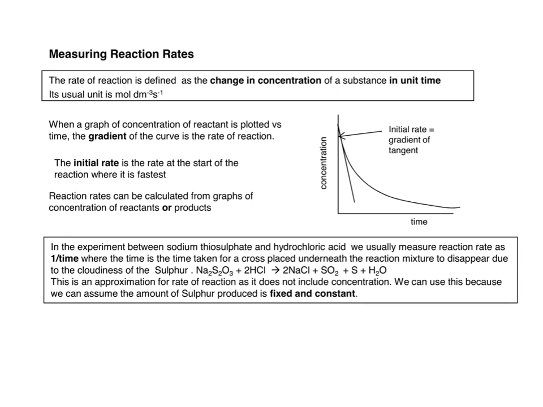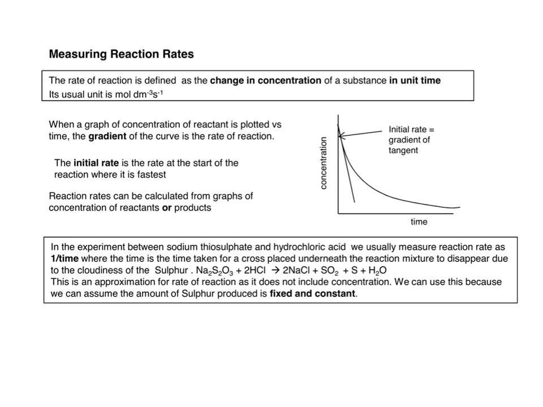Having collected the results, we plot a graph, we draw a tangent, we calculate the gradient of the tangent, and once again we now have the initial rate. So now we would have two sets of results, and we then repeat this. Ideally we probably want 5 sets of results, so 5 concentrations and 5 initial rates of reaction.